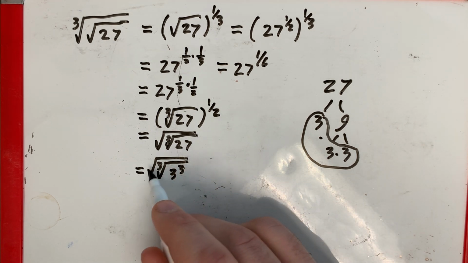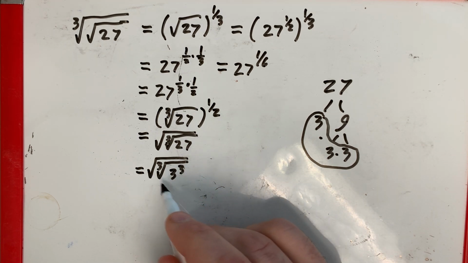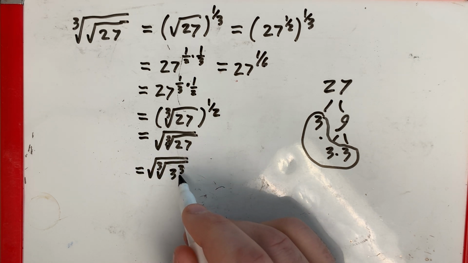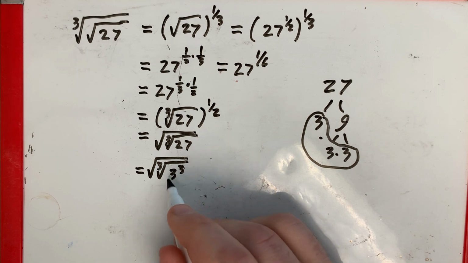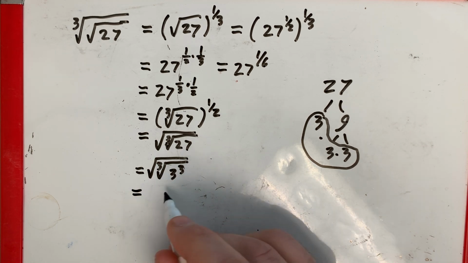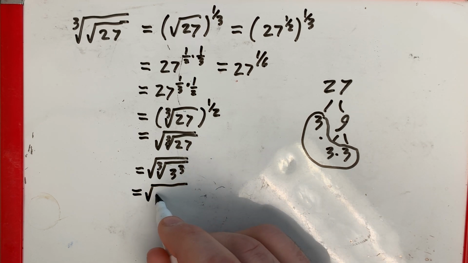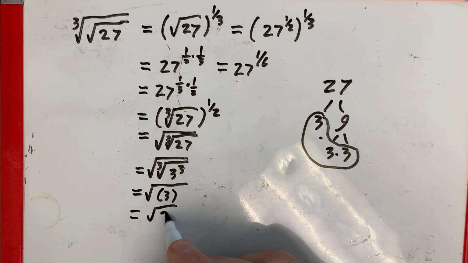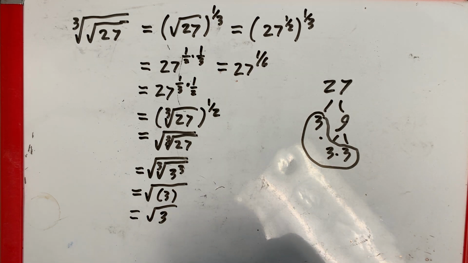Since by order of operations we're working on the inside of this big radical first, I have the cube root of 3 cubed. That cancels, leaving me with just the square root part with just this 3. So at this point we have the square root of 3, and that is the final answer in this case.